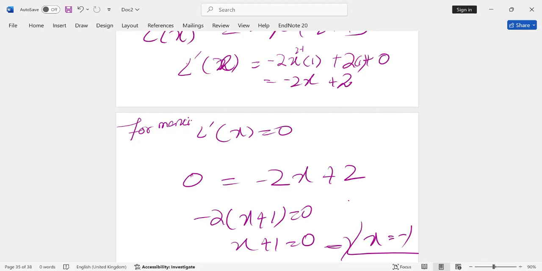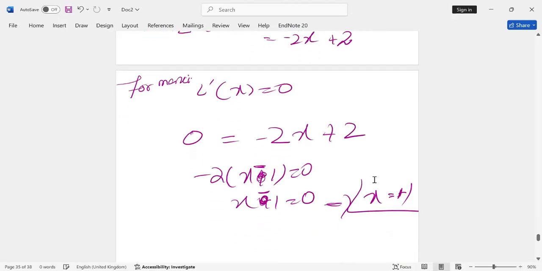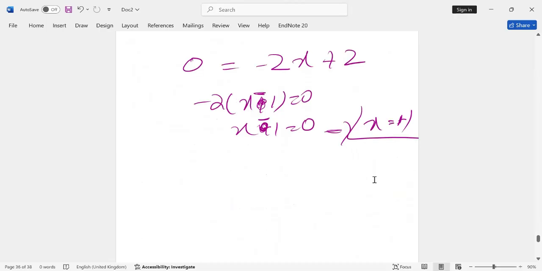When we take the minus common, we have the positive 1 over there. So the maximum length occurs at x equals 1, which is between the x-intercepts of L of x at x equals minus 1 and x equals 3.